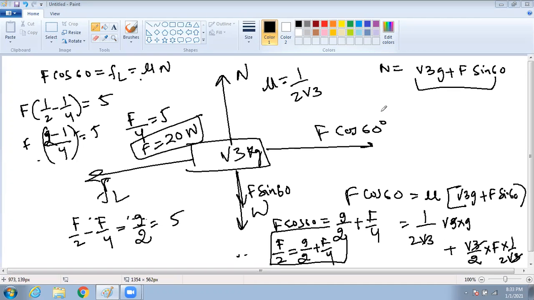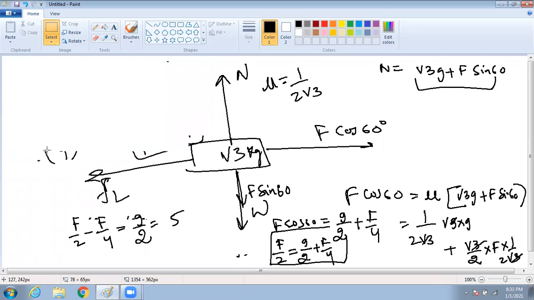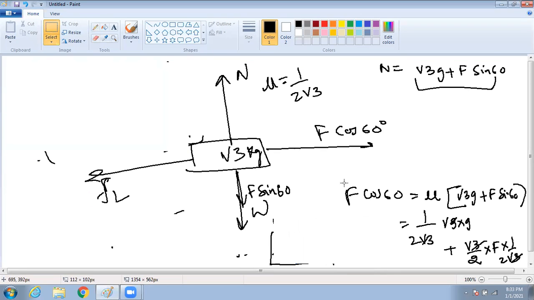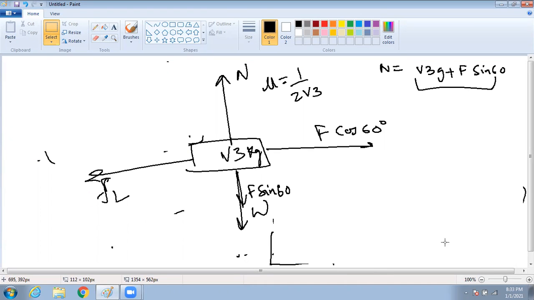So what we are trying to do is equate the force. We have to find the maximum force for which the body will not move. That means if you give force till that much, the body will not move. The moment you give more than that, the body will move.